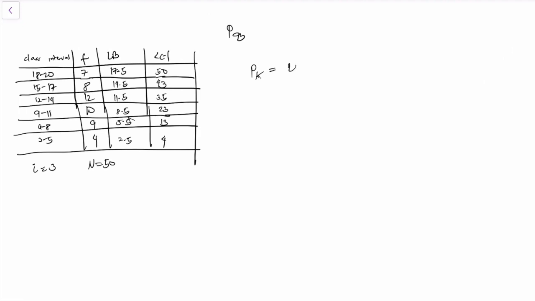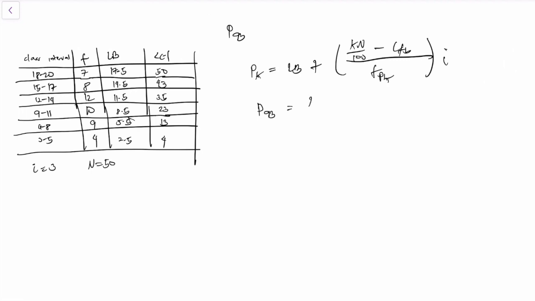PK is equal to LB plus kn over 100 minus CFB, all over the frequency of the PK, times the class size interval. Now let us find first the position of P93.